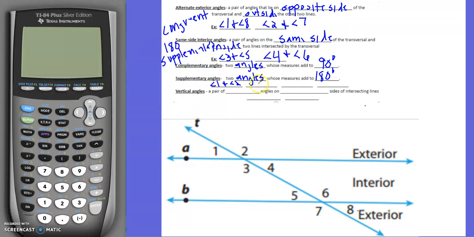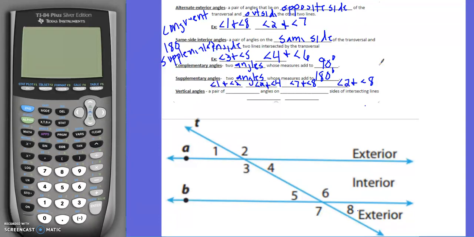This is a straight line, so we could say angle 2 and angle 4. We could also do angle 7 and angle 8. And we could also do something that's not lying on the same line. We could do 2 and 8. There are tons of supplementary pairs. These are just a few examples.